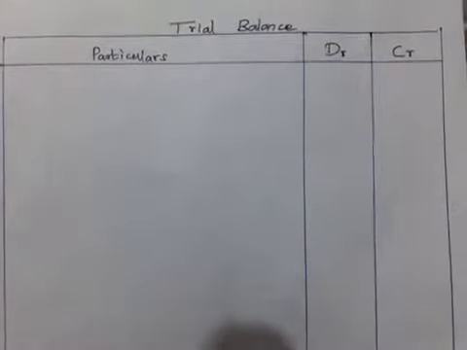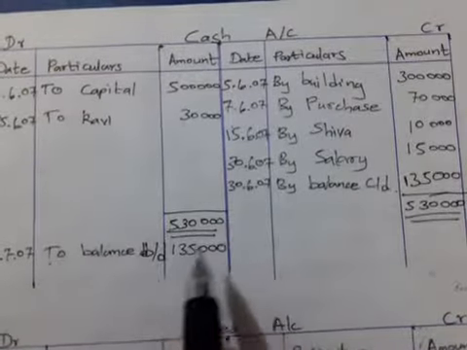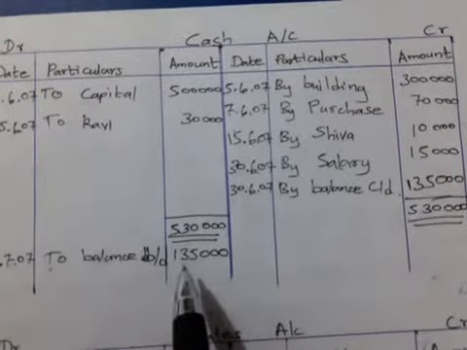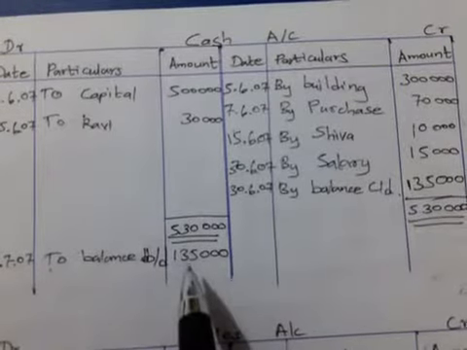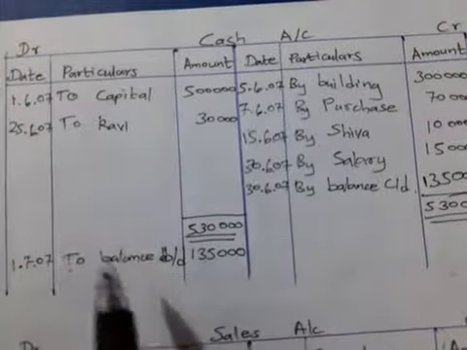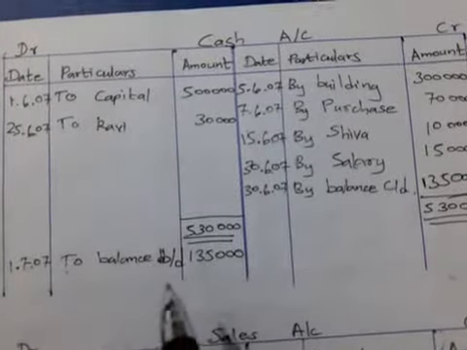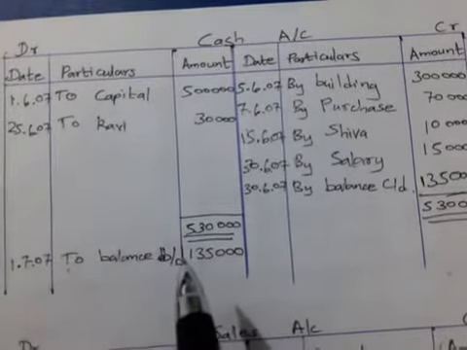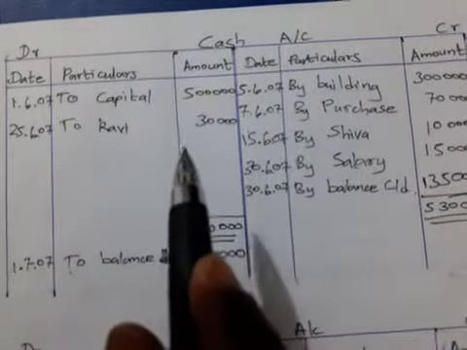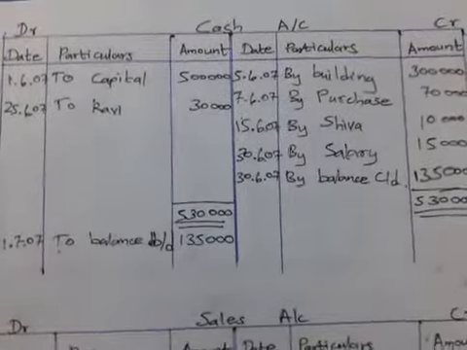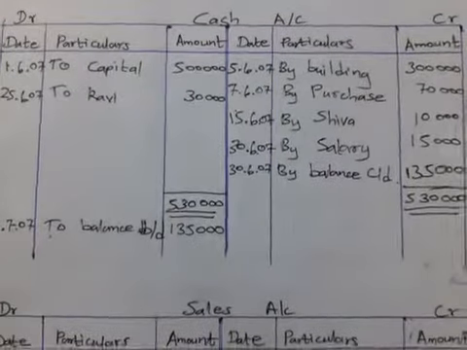First, the cash account. In the cash account, we got the brought down value 1,35,000. We got that balance from the debit side. So in the trial balance, we have to record it on the debit side.